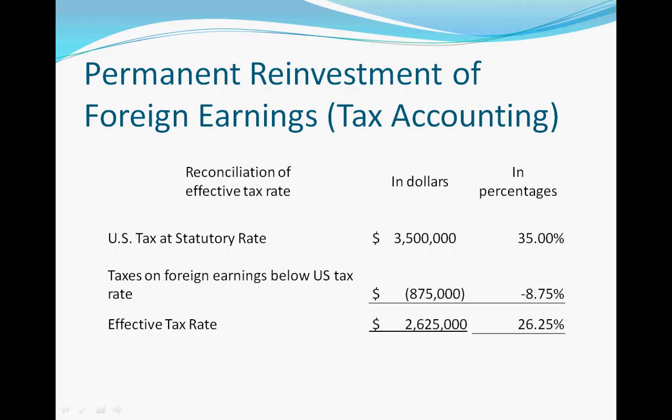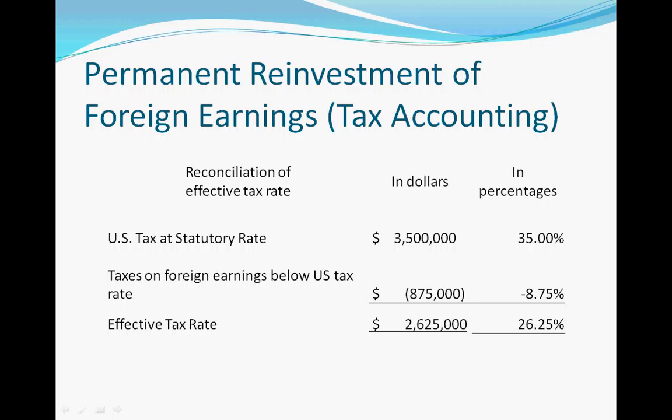So the $2.5 million subsidiary earnings times the 35% federal tax rate will yield an $875,000 decrease in the U.S. tax. The $875,000 divided by $10 million consolidated income will decrease the statutory U.S. tax rate of 35% by 8.75%, resulting in a total 26.25% effective tax rate.